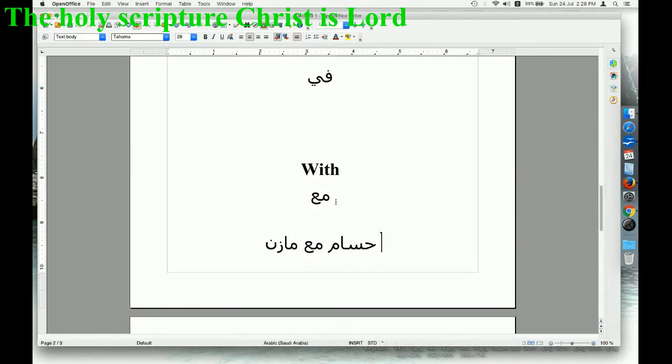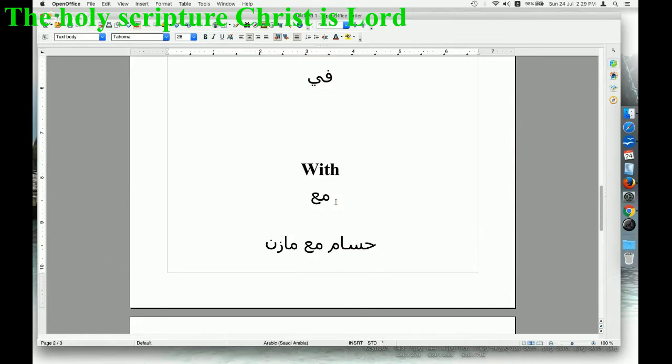Or let's say Hussam ma Mazen Yashrabu or Yakulu, or you can come with anything you want. So Hussam and Mazen together doing something. Then you can add whatever after that, whatever you want to describe, what they are doing. But the important thing is you are describing that both are contained or busy doing something together. This is what ma means.